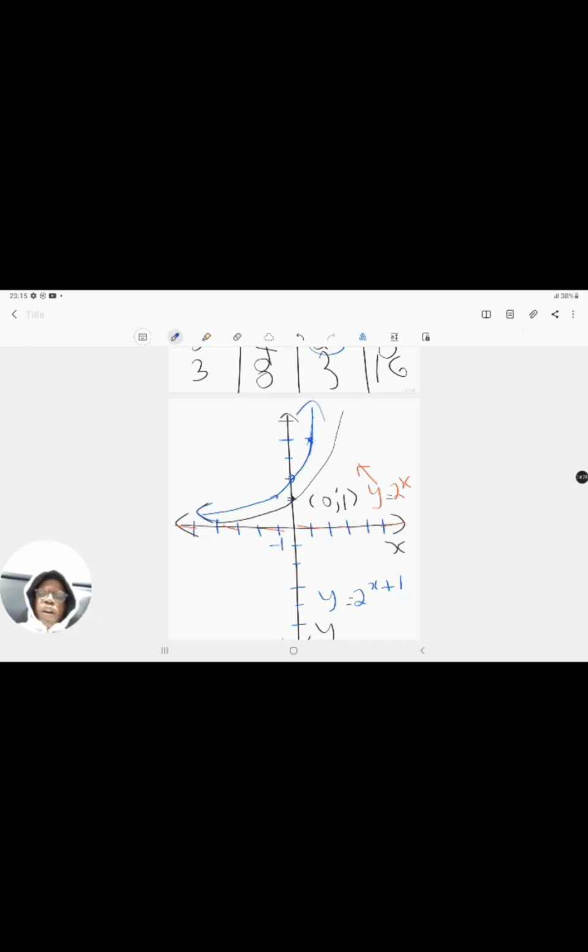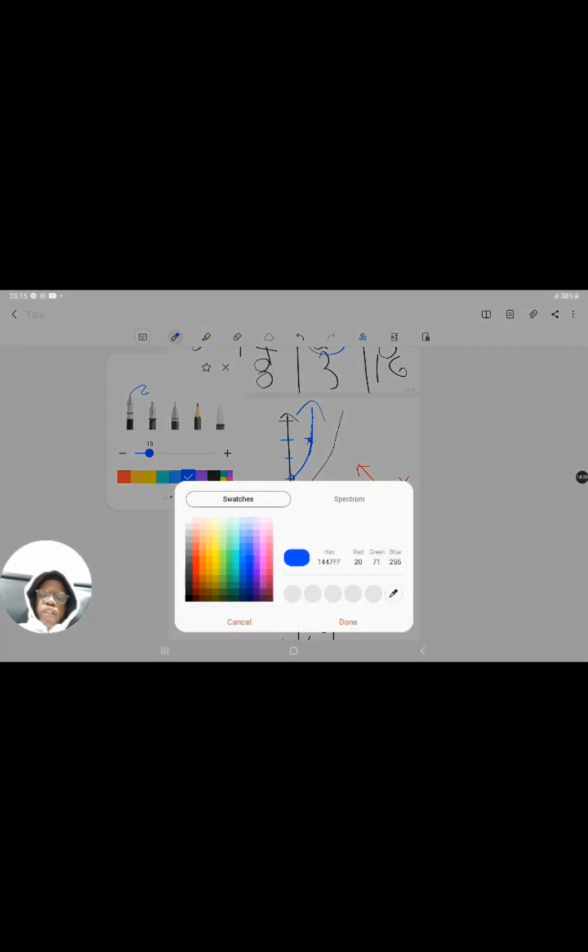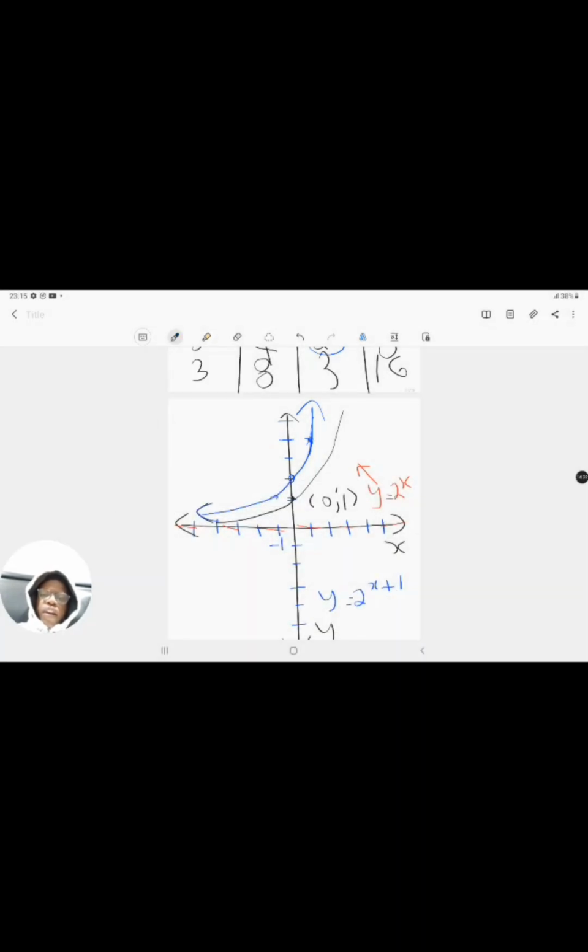I want you to notice something. The blue graph looks exactly the same as the black graph. The only difference is that it shifted to the left by 1 unit.